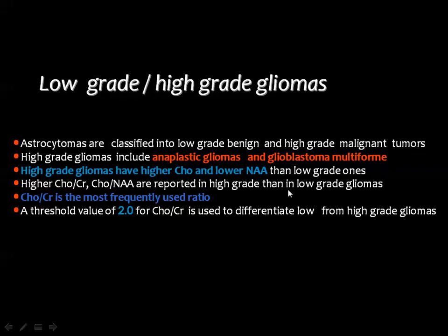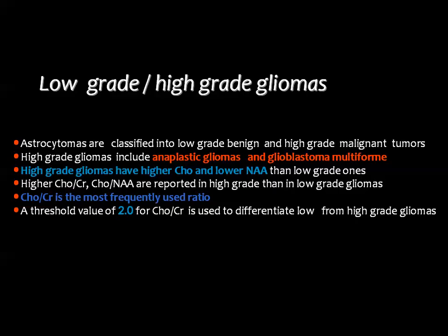Of course, they said in the literature that the elevation of the choline has some intimate relation to the grade of the tumor. If the choline is markedly elevated, then you know that you are dealing with a high grade tumor. If not, then you are dealing with a relatively low grade tumor.